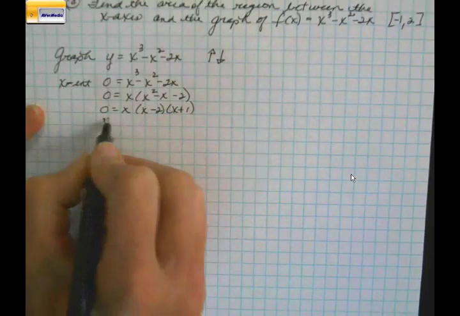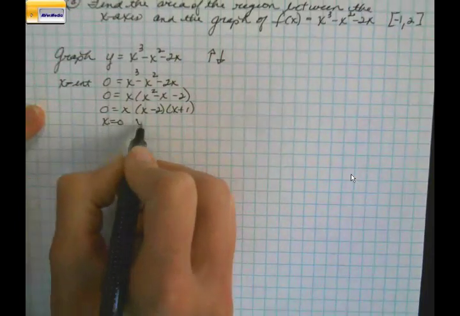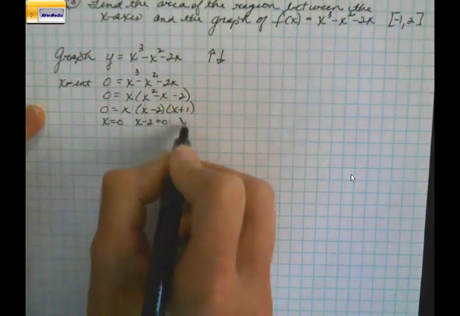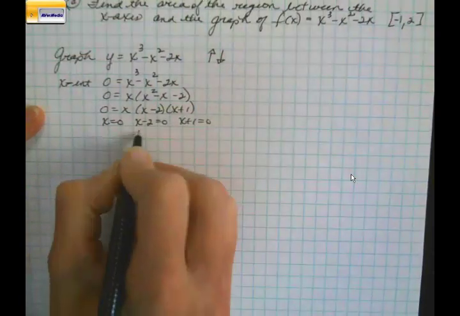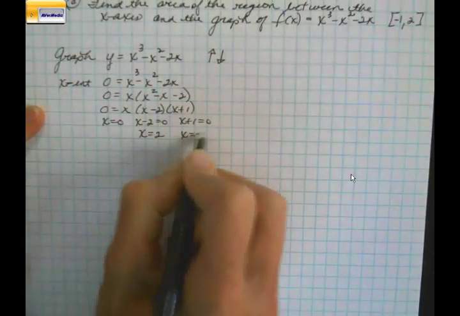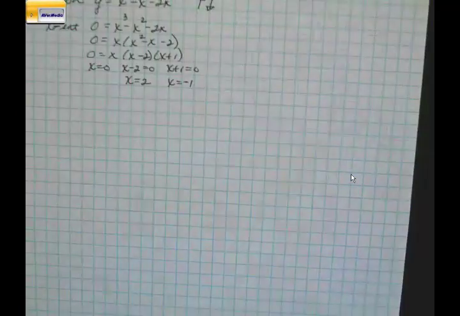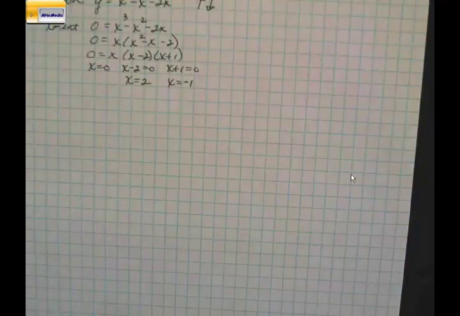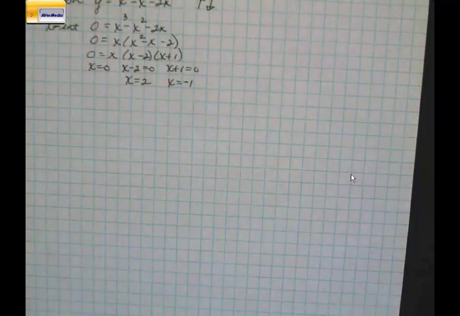And I come up with x equaling 0, x minus 2 equaling 0, x plus 1 equaling 0, and I have 3 x-intercepts on this cubic function. So some of it's going to be above the x-axis and some of it's going to be below it, and to find those upper and lower limits of my integrals, I'm going to have to figure out where.